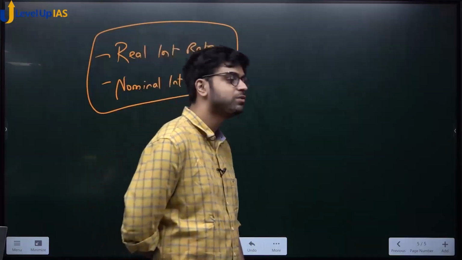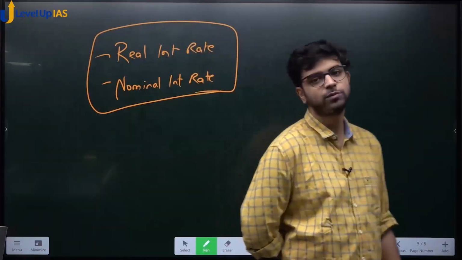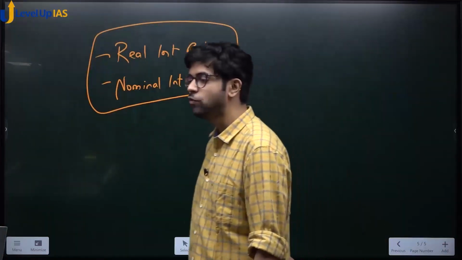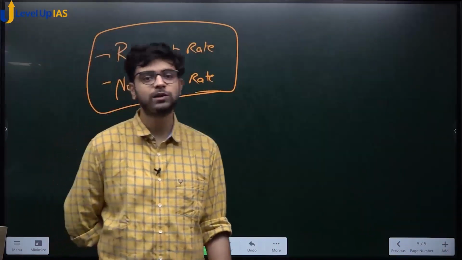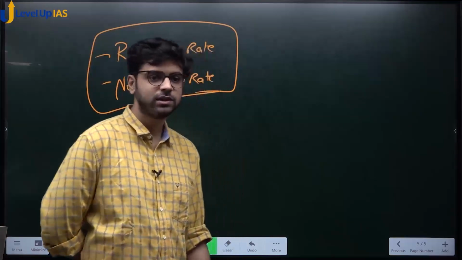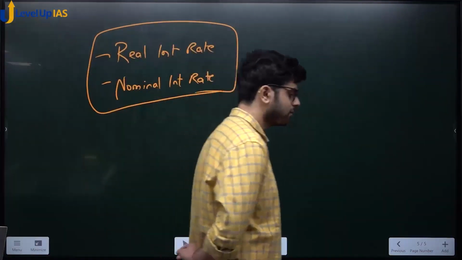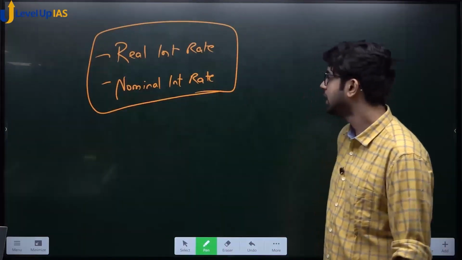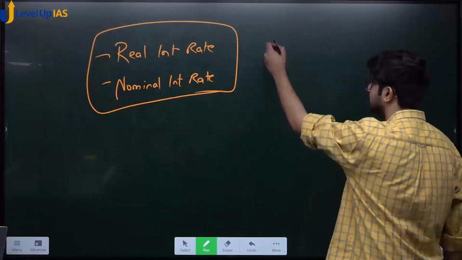Which means inflation reduces your purchasing power. In absolute terms of money you are earning the same amount. But what is the value of that 50,000? That 50,000 is much more powerful than this 50,000. Understood? So now we are talking about real and nominal interest rate.